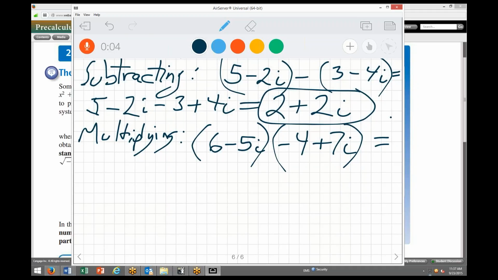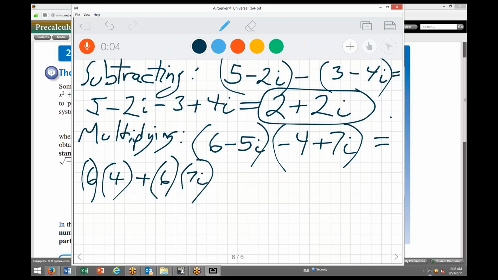And that's what we're going to do here, and I'm going to write all this out on the screen. We're going to do 4 multiplications here with the firsts, outers, inners, and lasts as the FOIL method dictates. So the first number in each parentheses is the 6 times the negative 4. That's just a real number times a real number. And then the next term to add to this is the 6 times the positive 7i.